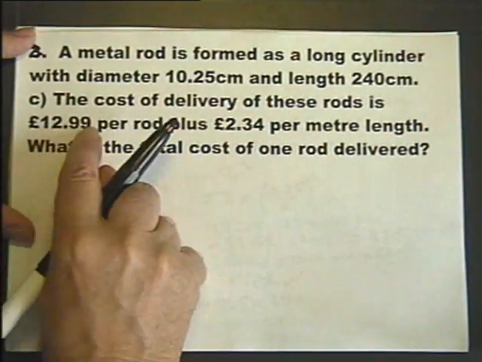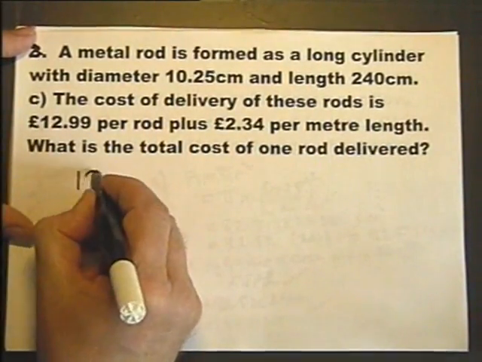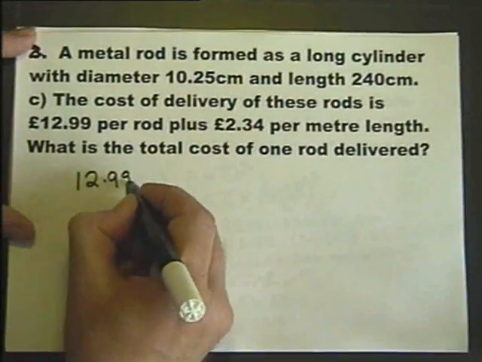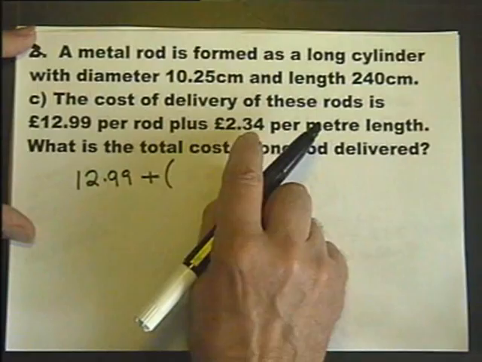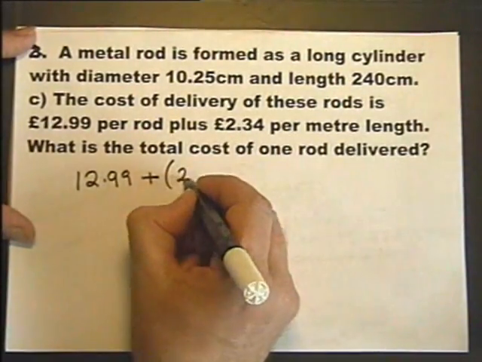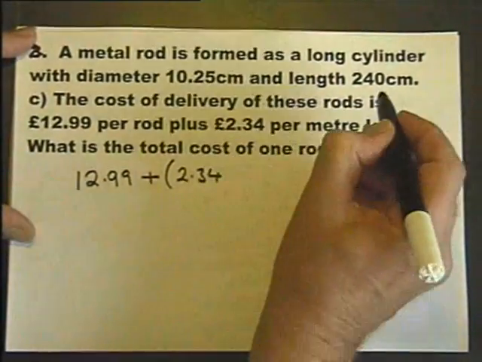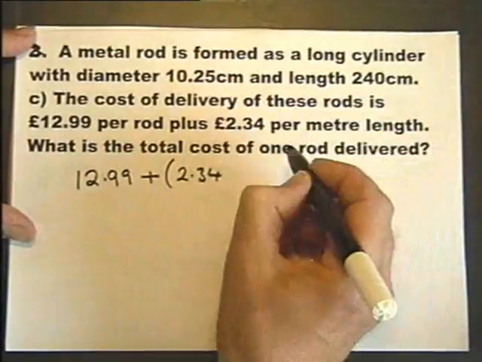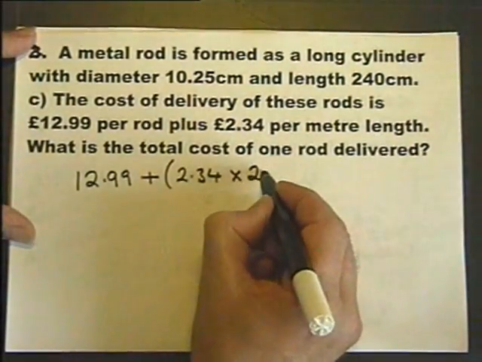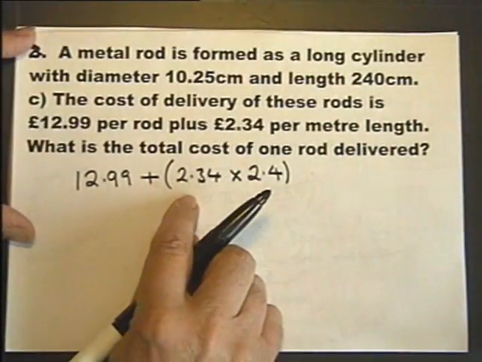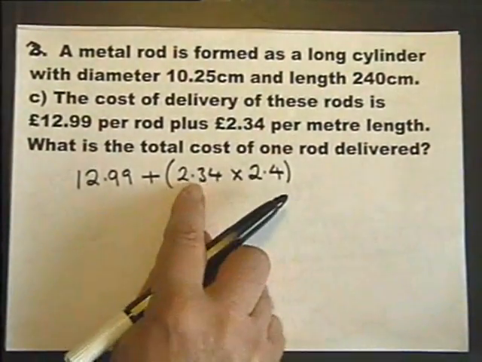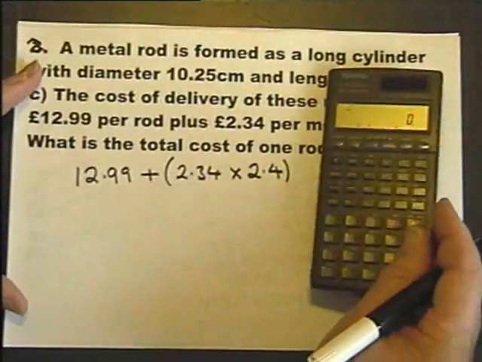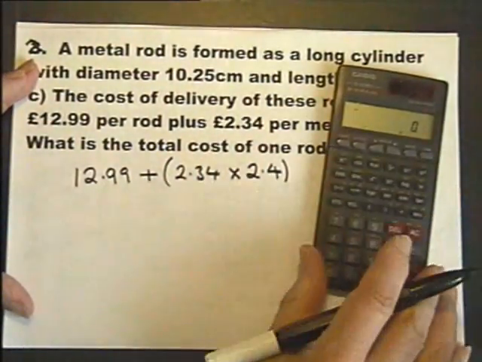So this is a standard charge per rod, so every rod that they deliver they charge that, and then they add on, worked out, £2.34 per metre. That's in centimetres, so I do need to appreciate what it is in metres. So this, if you like, is the meterage charge, and this is the standard charge for any rod, so let's work that out.